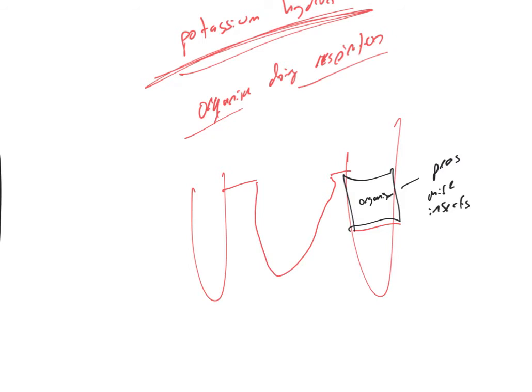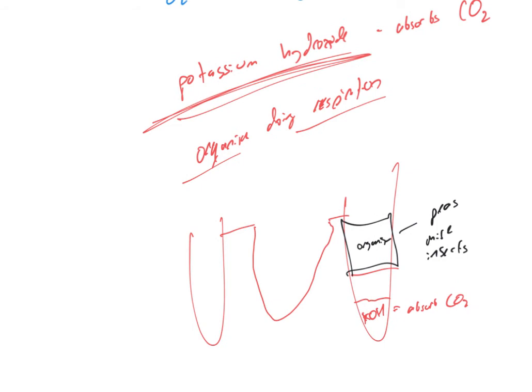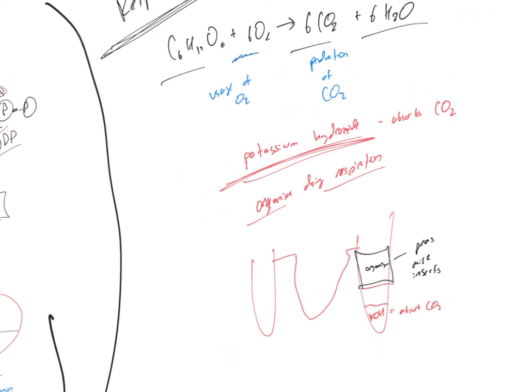Now, what's going to happen is that below this, we have our potassium hydroxide, our KOH. And this is going to absorb CO2, which means, what are we measuring? We're basically measuring the usage of oxygen.